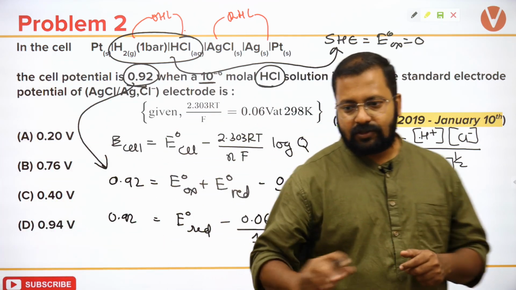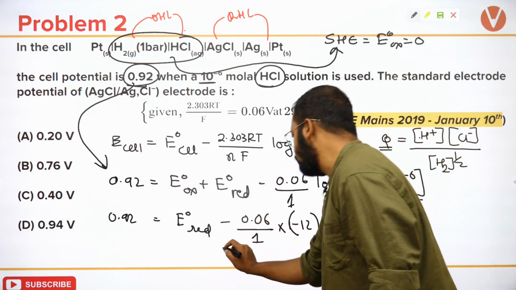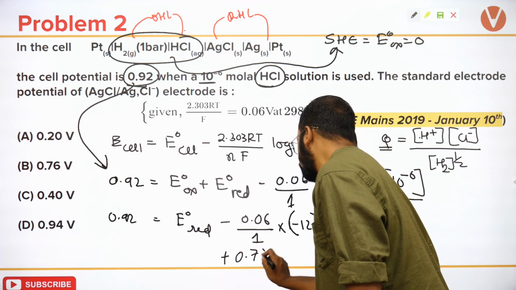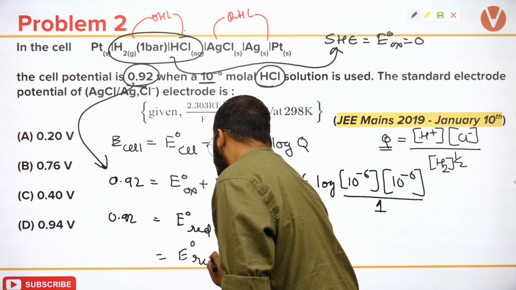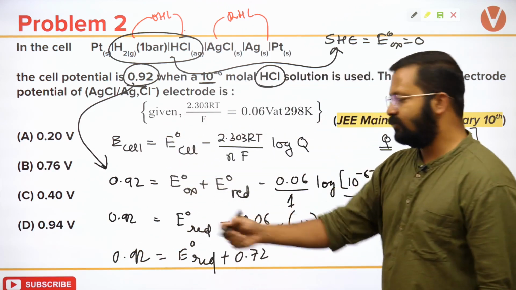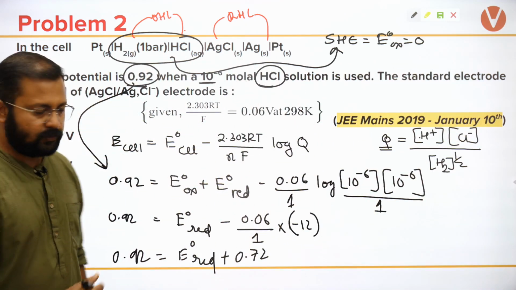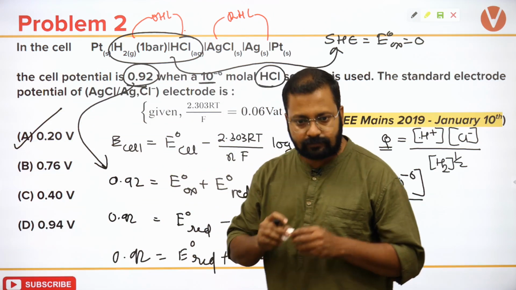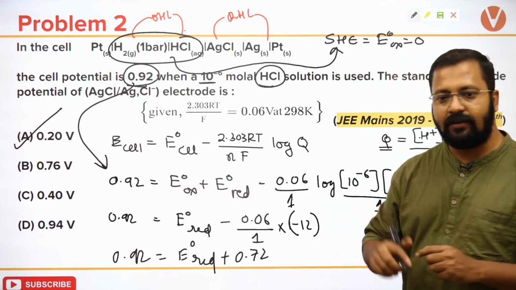Okay, so 12 times 0.06 is 0.72. This will be plus 0.72, equal to E naught reduction. 0.92 minus 0.72, E naught reduction value will become equal to 0.20. Okay, the right answer should be A. The right answer should be A.